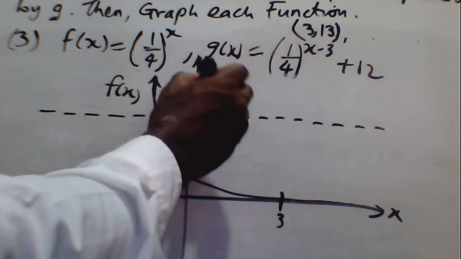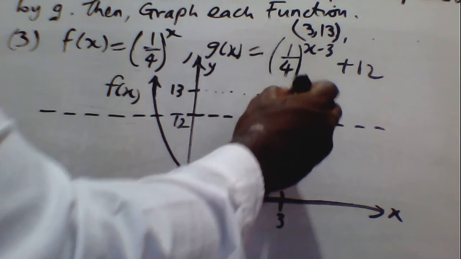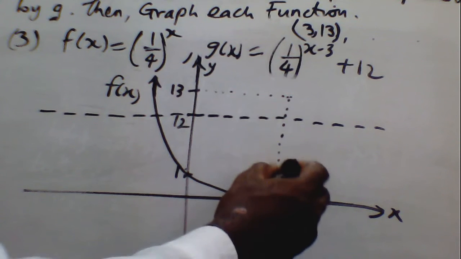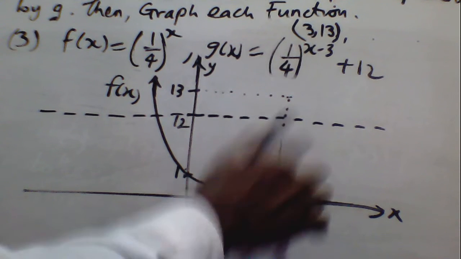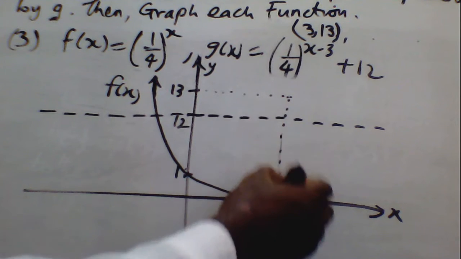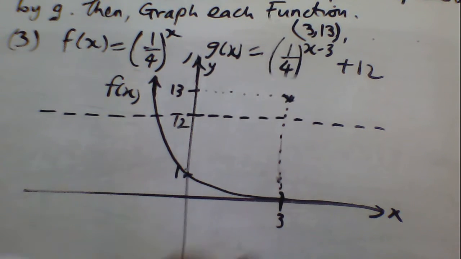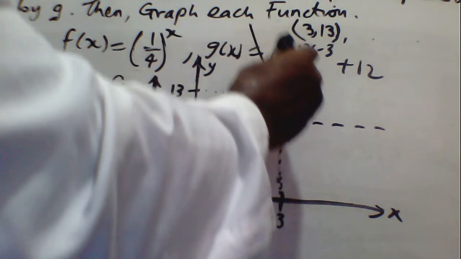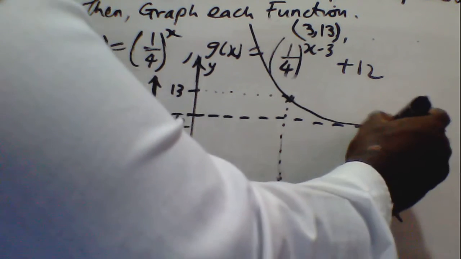So come to this point, join them, go down. Mind you, this is a vertical line. Join the two. So put your curve here. Draw a curve. This is how it's going to look.